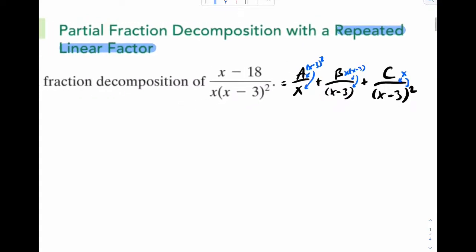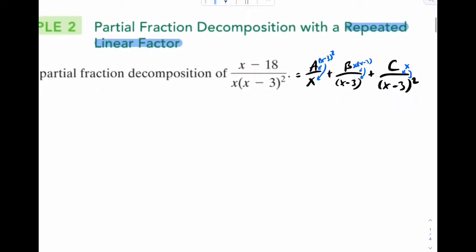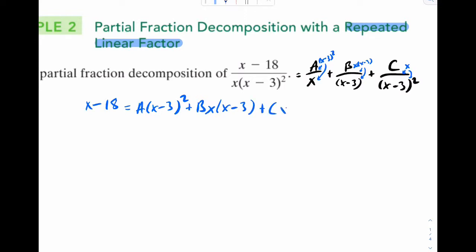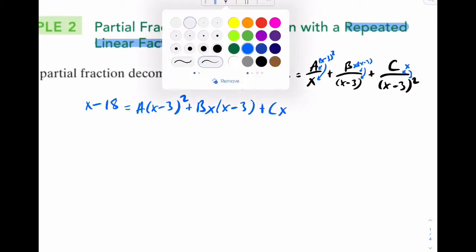So once I multiply that in, I'm going to rewrite only the numerators. So I have x minus 18 should equal A(x minus 3) squared plus Bx times (x minus 3) plus Cx. Now let's just work it out.